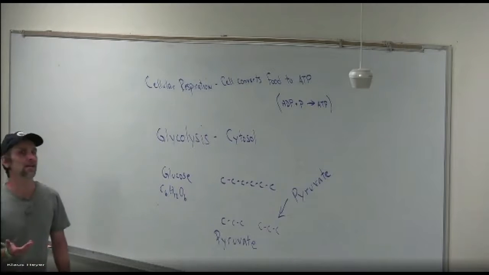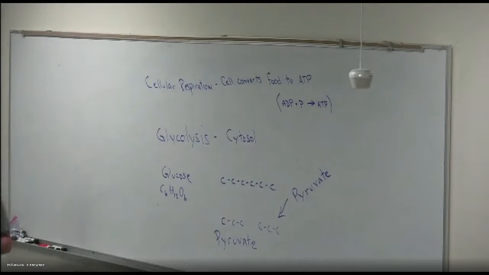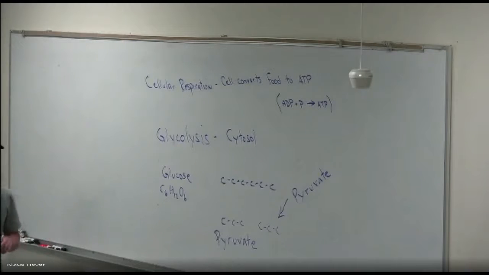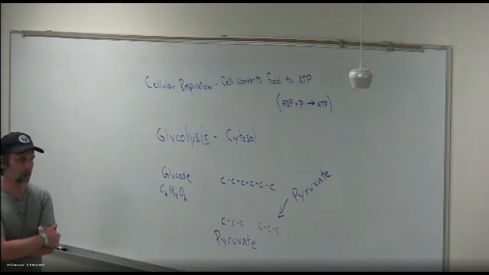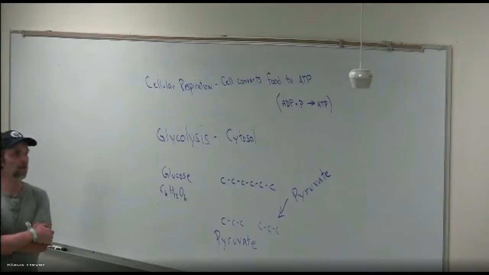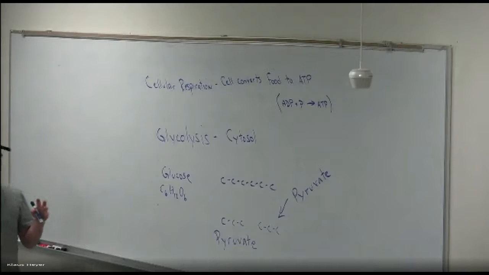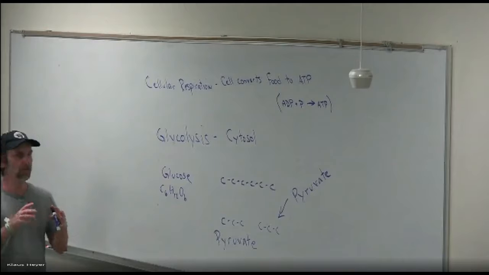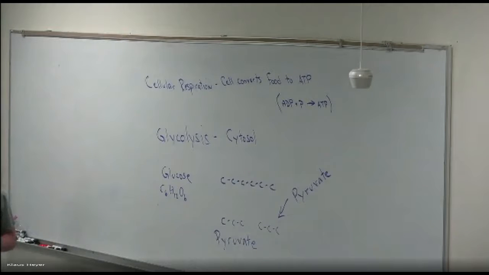If you take organic chemistry, or I should say biochemistry, you're going to have some of this. But for now, in glycolysis, we're just taking 1 glucose and splitting it into 2 pyruvates. Each of them are half as big, 3-carbon molecules.